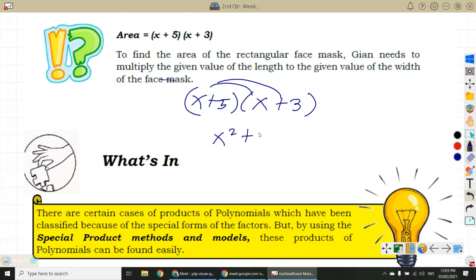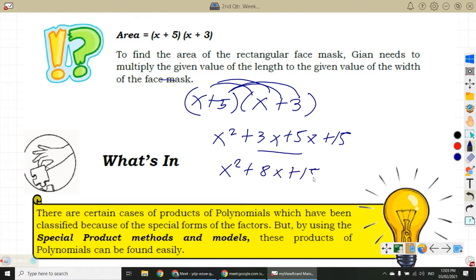X times 3 is 3x. 5 times x is 5x. And then we have 5 times 3 is 15. Then we add: x squared plus 8x plus 15. That is horizontal method.